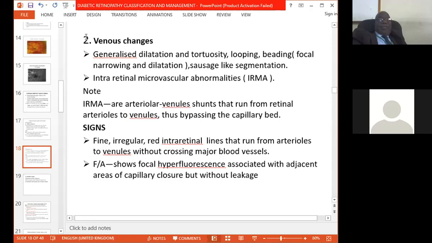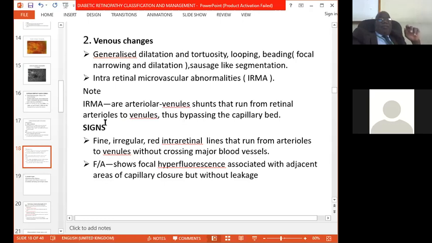Segmentation. You can have intraretinal microvascular abnormalities, what they refer to as IRMA. Note, IRMA are arteriolar or venous shunts that run from the retinal arterioles to venules, bypassing the capillary bed.